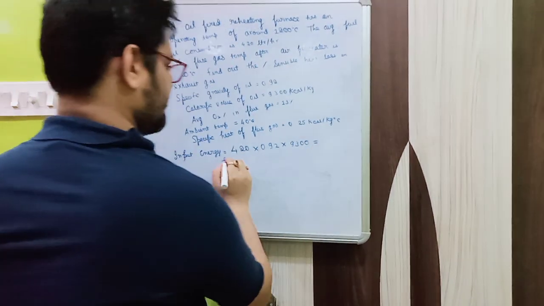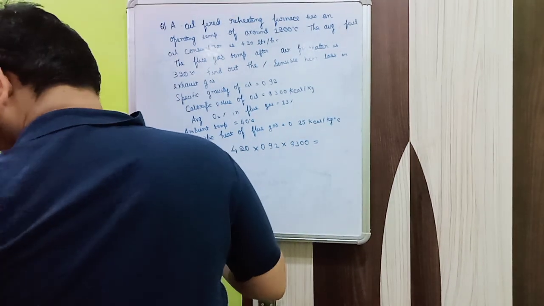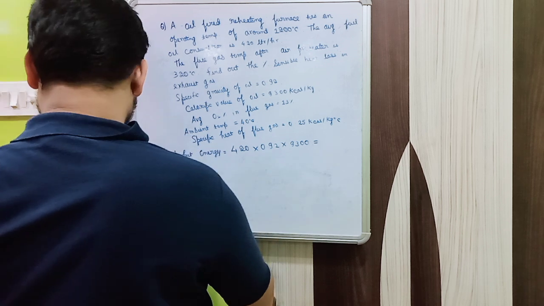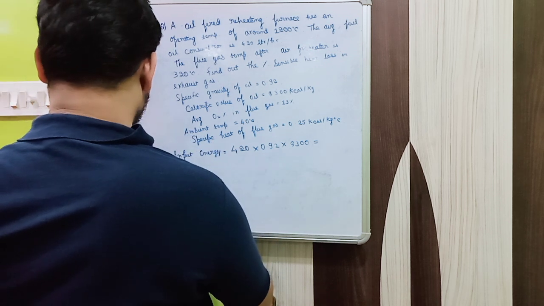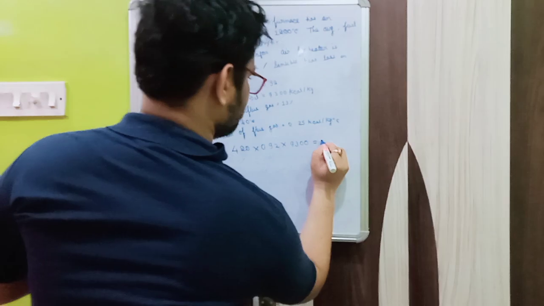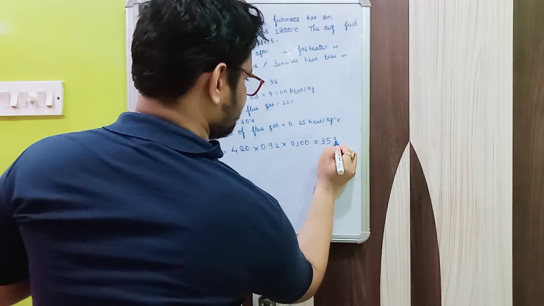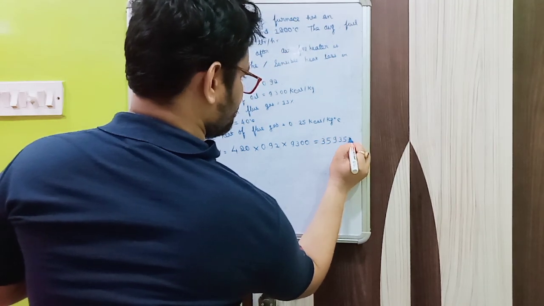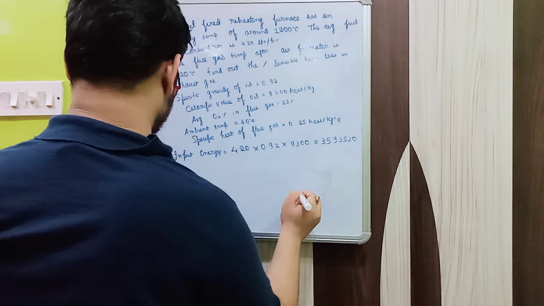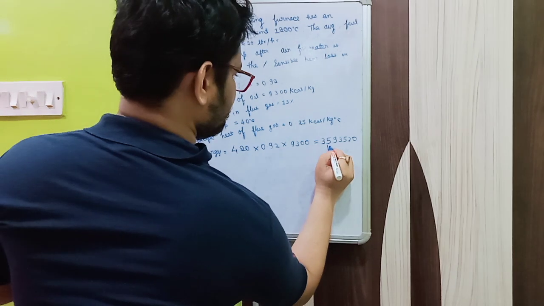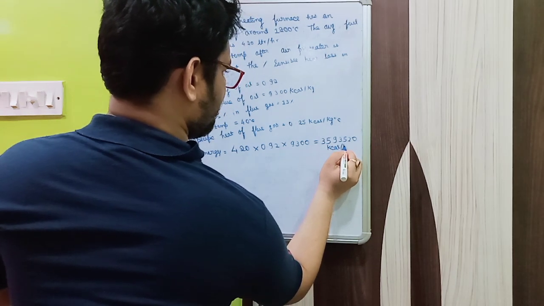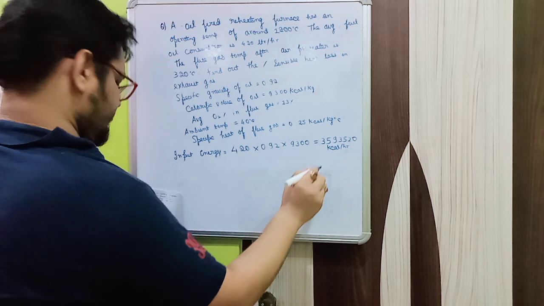If we multiply all those values, we get 3593520 kilocalorie per hour. So this is the input energy.